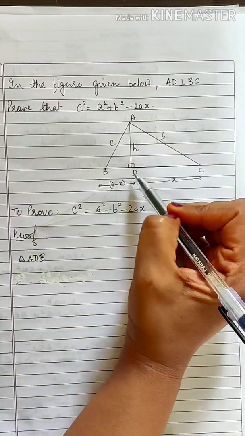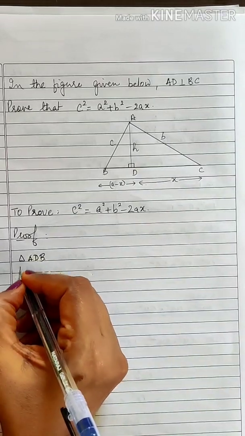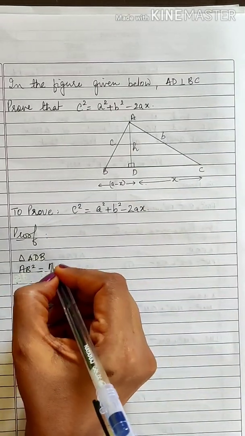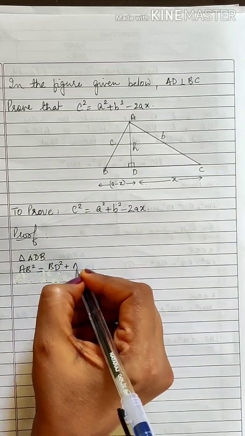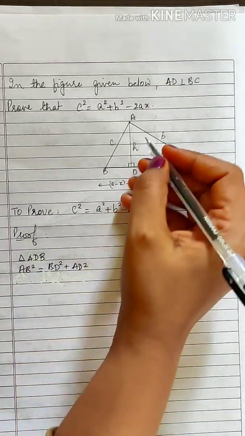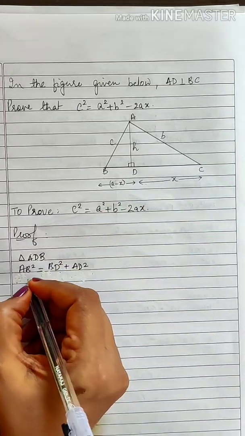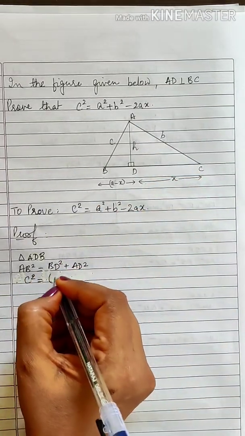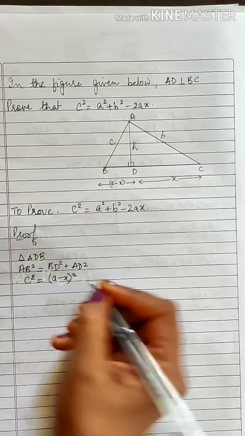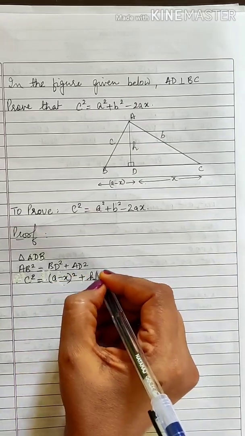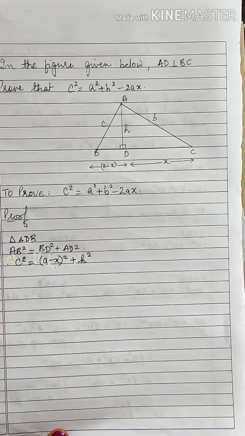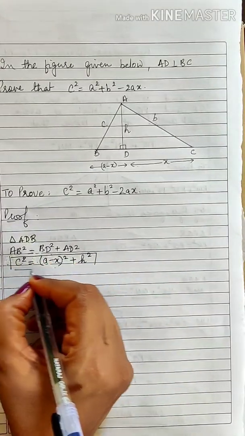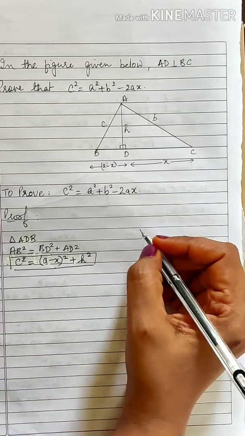In triangle ADB, you get AB square is equal to BD square plus AD square. So what is your AB? AB is C, and BD is A minus X. So here you get one equation, C square is equal to A minus X the whole square plus H square.